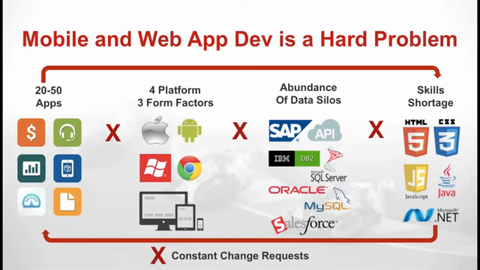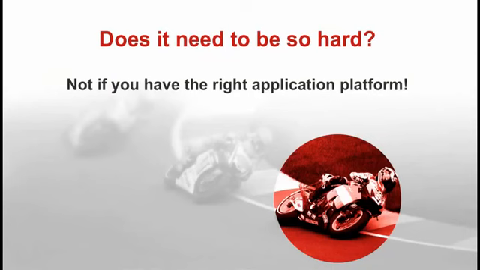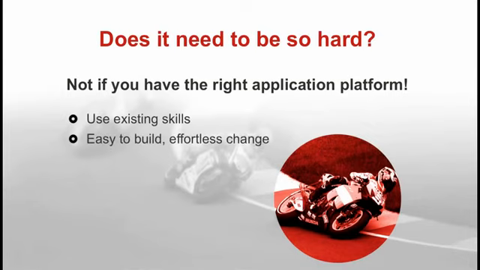And so taking a look at this through the lens of traditional development approaches, it quickly becomes obvious that you can't get there from where you are. But it doesn't have to be this hard if you have the right application platform that lets you leverage your existing skills, allowing you to easily build and effortlessly change these applications.